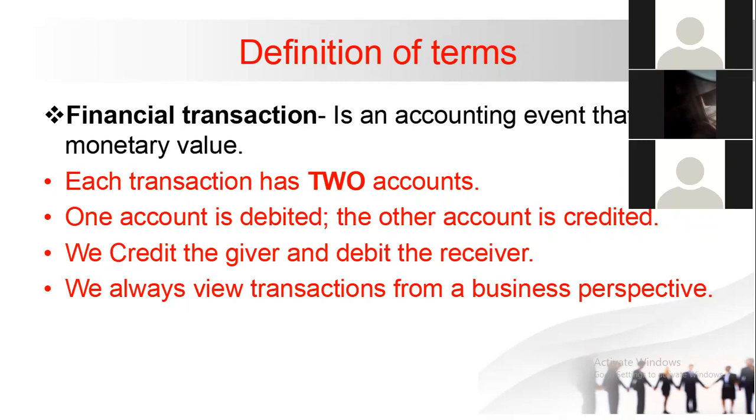The first thing to note is that each transaction has two accounts. So if we are given a transaction, the first thing that we must look for are the two accounts involved. And of those two accounts, one account is meant to be debited, the other account is meant to be credited. In accounting, when we say to debit, it's like you are increasing the amount of that account.